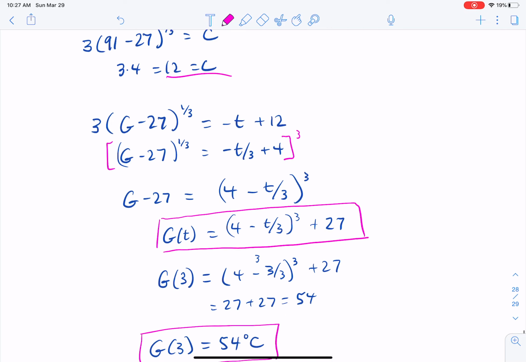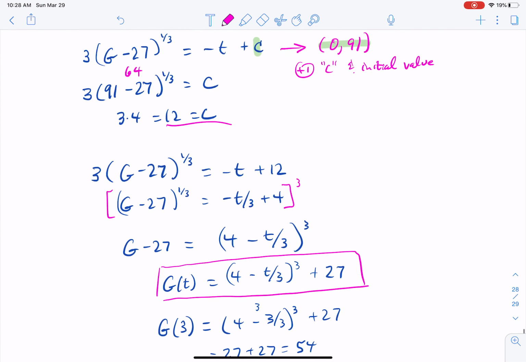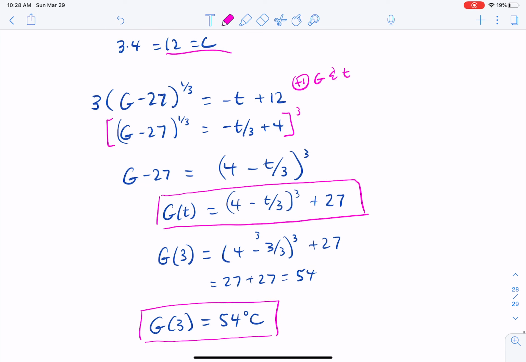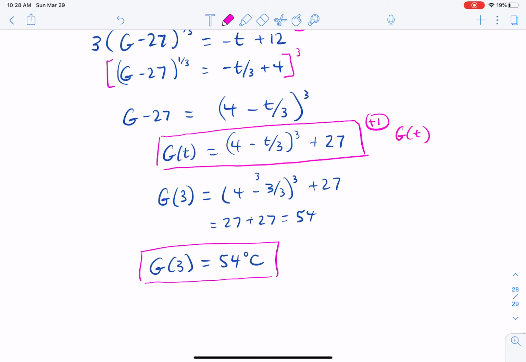The next one is having some sort of final equation involving g and t. In other words, you could have that written not explicitly, just having g and t in the equation, like we had right there. That was worth a point. Then actually solving it for g was worth another point, so an expression for g of t.